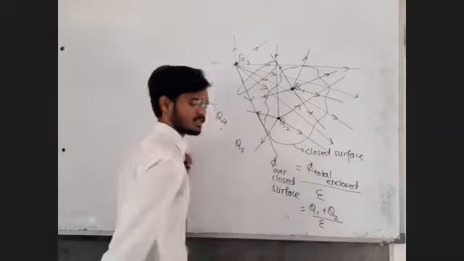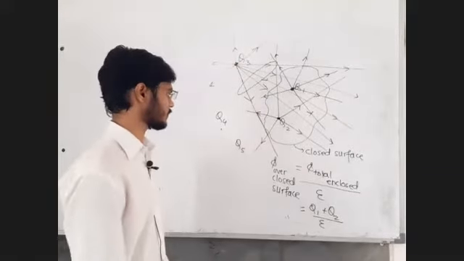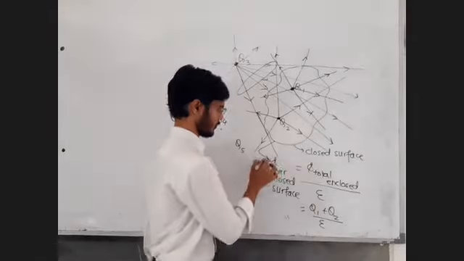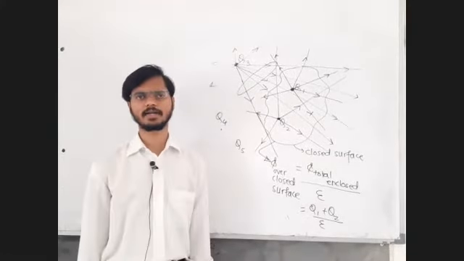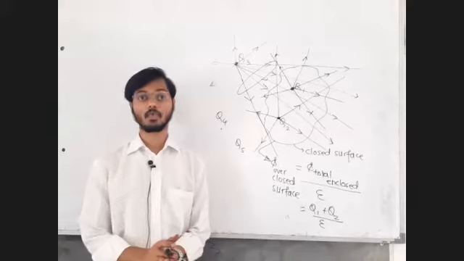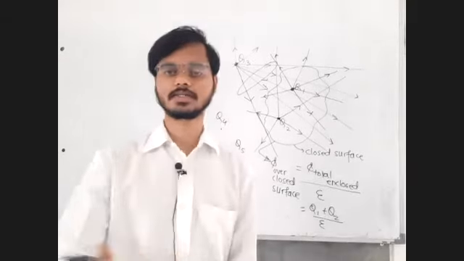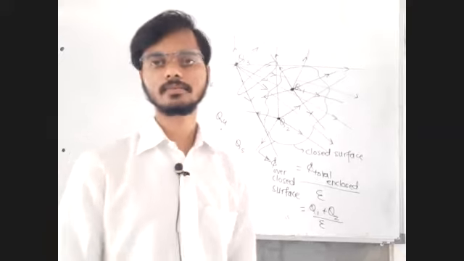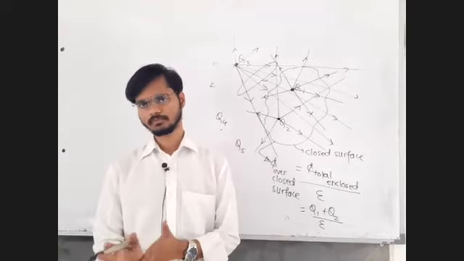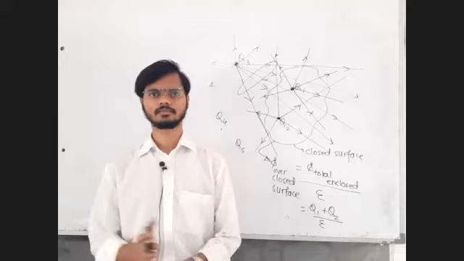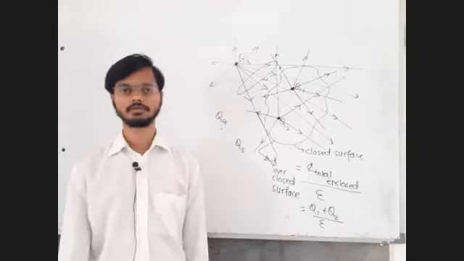This is going to be the answer. Q3, Q4, Q5, no need to consider. Is that clear why outer charges don't matter? While finding flux, not while finding electric field. Clear? Good. Fine.